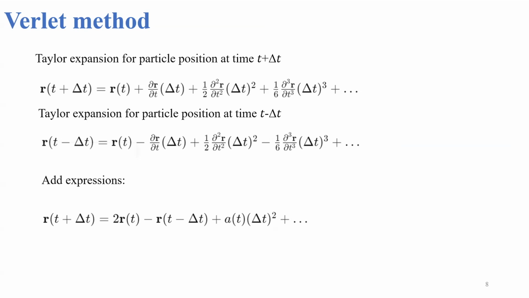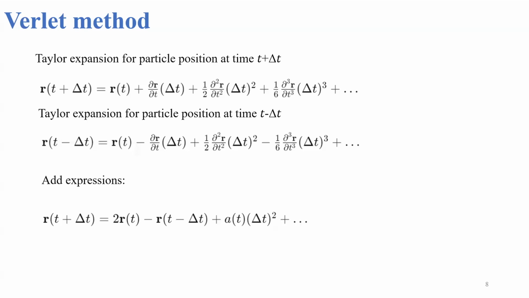Then what we can do is take r(t), the position at t, and get the first order derivative of position with respect to time, the second order derivative, and so on, and multiply by their time step exponent, with factors such as a half versus 1/6 and so on. That will give you something called the Taylor expansion series, and at some point we need to truncate it. Usually they are truncated after second order or third order because of the computation expense.